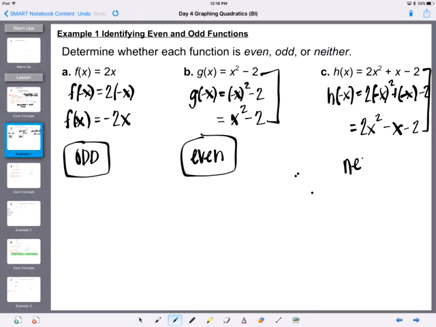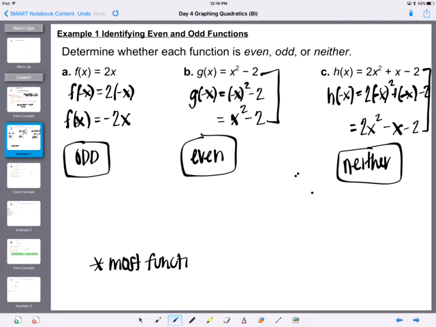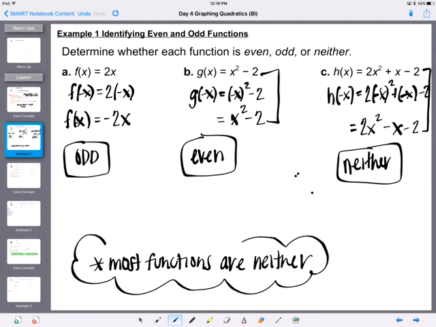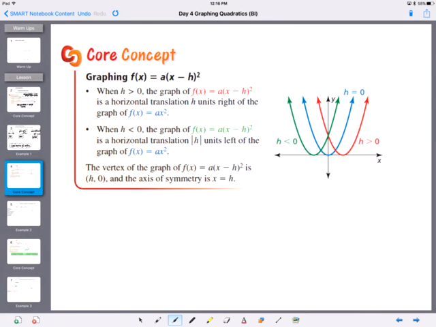So we say this is neither odd or even. Most functions are neither odd or even, they are neither when we evaluate them for negative x.